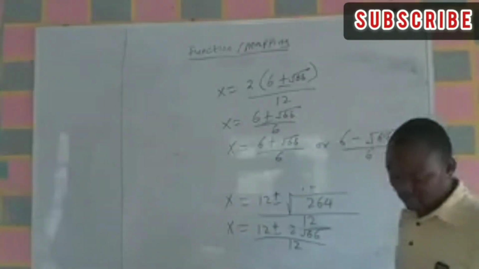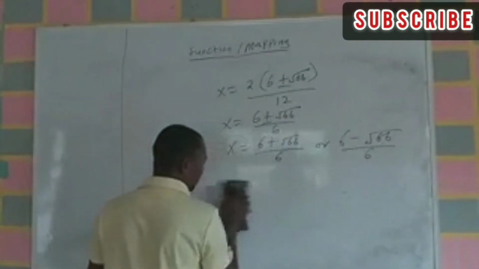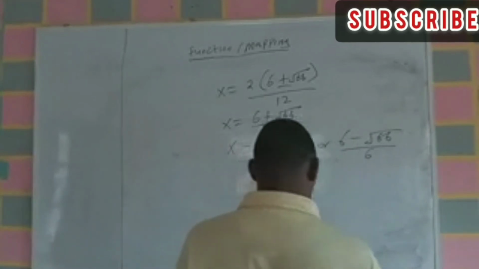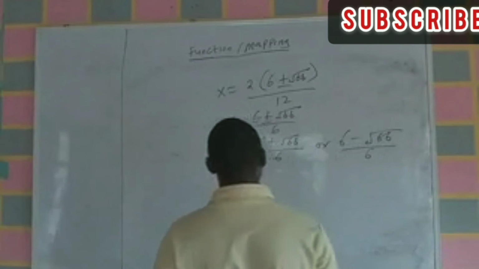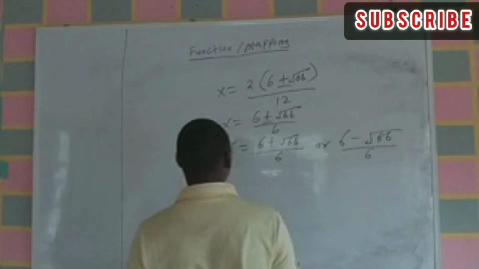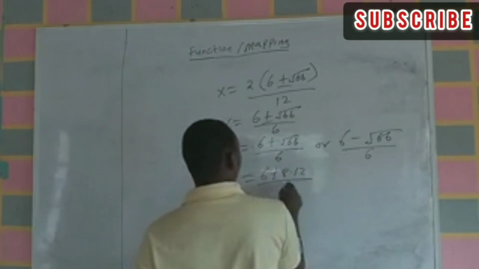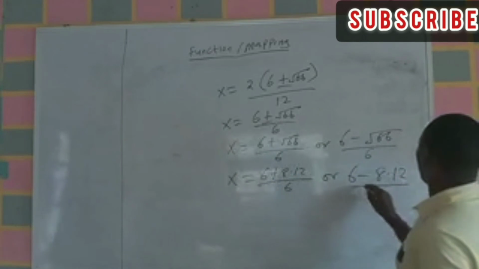If you convert root 66 to decimal, we have something of this nature. Root 66 is 8.12. So 6 plus 8.12 over 6, or 6 minus 8.12 over 6.